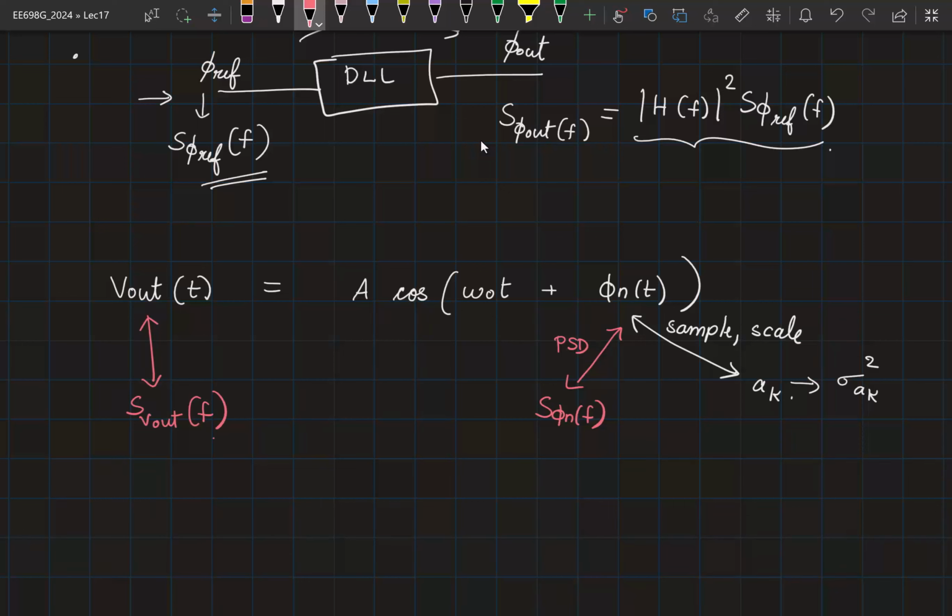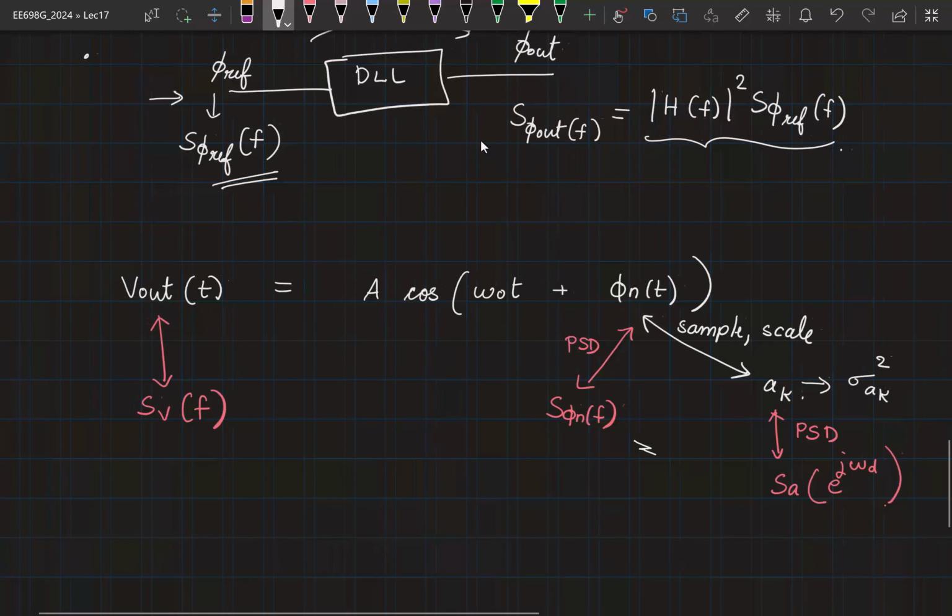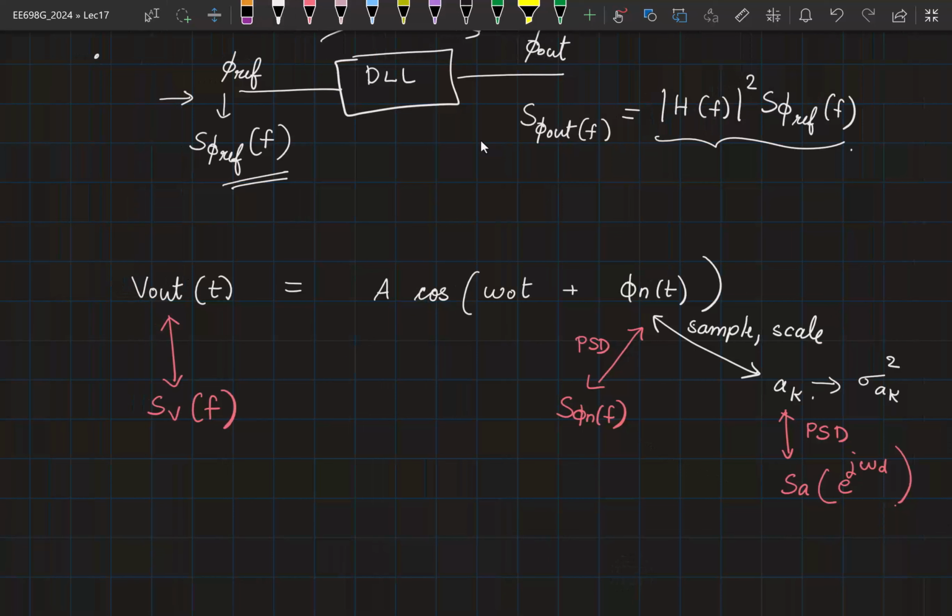I'll abbreviate this as SV of f so that it's easier to work with. Now I could also take the PSD of this jitter sequence, and this will give you a power spectral density for this, but it will be in terms of the discrete time frequency. Ideally, we should be able to relate these two as well as these two.